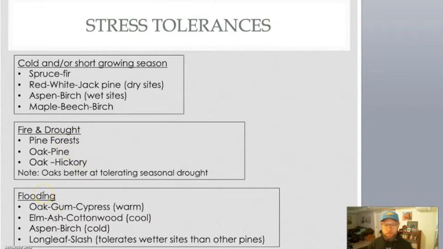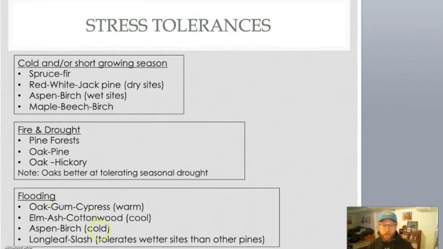Okay, and then for flooding, we see places in the eastern U.S. that are flooded almost seasonally or all year long. Oak gum cypress tends to be the forest cover type that is most tolerant of flooding, and you find this forest cover type where it might be flooded all the time, so standing water all year long.